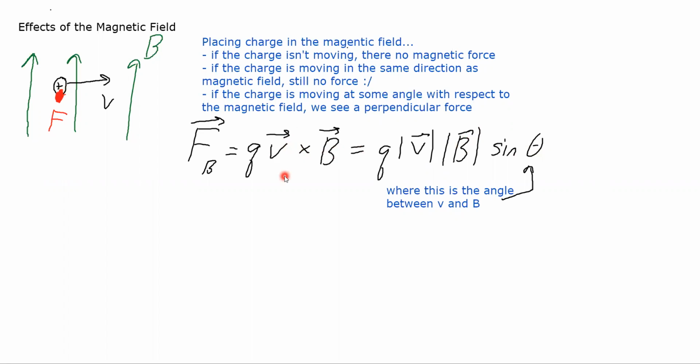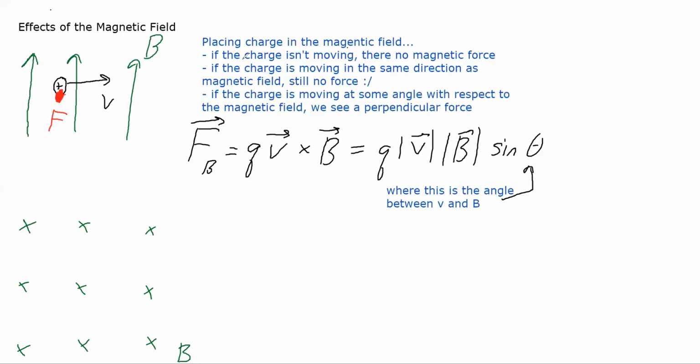Okay, so let's try this out in a different situation. Looking at this from a different angle, let's say I have the magnetic field going into the page here. So here's a region of space where the magnetic field is going into the page.